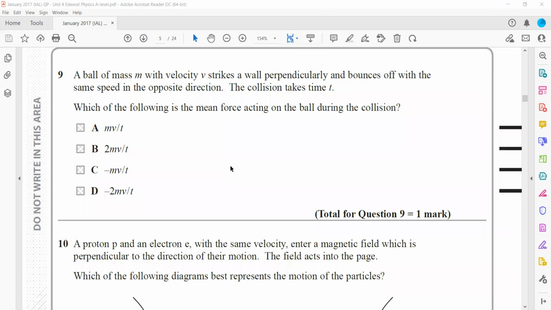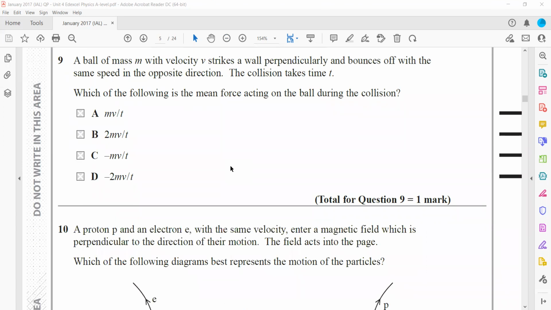Then a ball of mass m with initial velocity v strikes a wall perpendicularly and bounces off with the same speed but in the opposite direction. Which of the following is the mean force? So the change in momentum, mv minus mu, divided by t will give us the force. The mass m is moving with velocity v, and when it bounces off, mass m is there, but the velocity will be minus v.